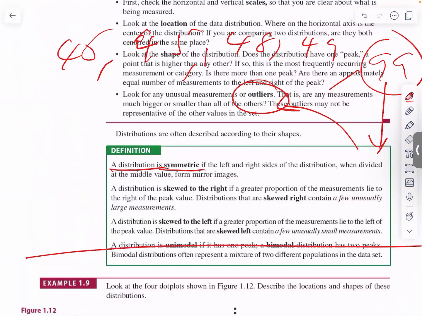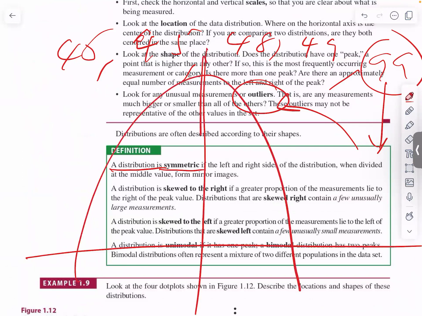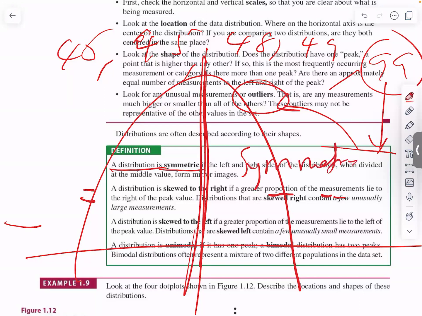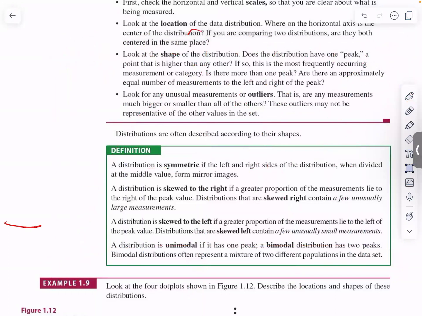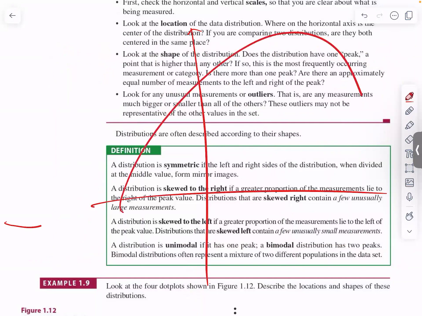Right? This is a dividing line, and I've got this. See how this line divides the parabola into 2 equal parts? So this is a symmetric distribution. Does it make sense? I believe so. Okay, and I think I've said it in the class, a distribution can be skewed to the right. This is a right skewness.